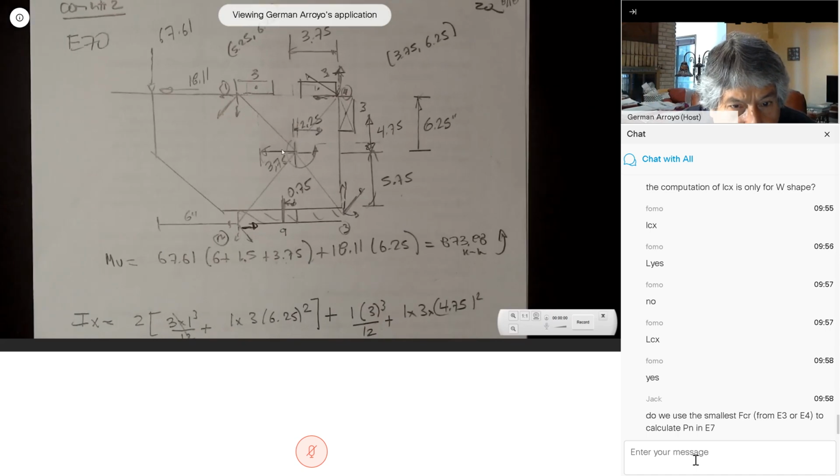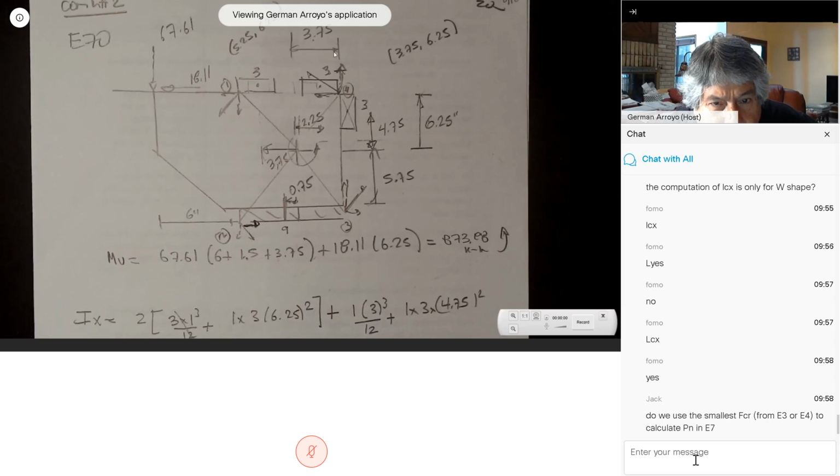Location of the centroid, 3.75. Location of the centroid, 5.7. So the distance, this is 3.75. I need a distance from this area, for instance. This distance from here to the centroid.